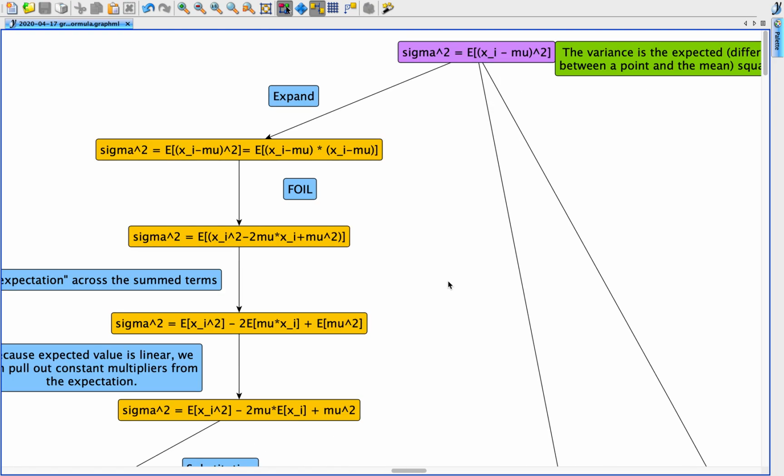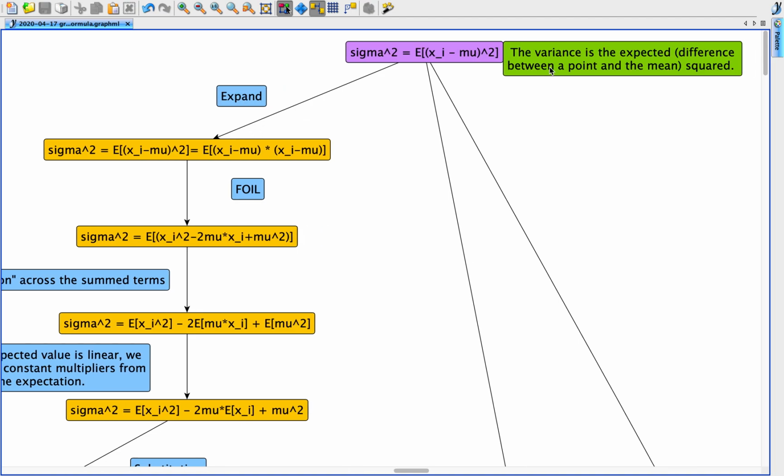We have also defined the variance. Sigma squared is equal to the expectation of x_i minus mu, squared. One thing here is that x_i is a variable.